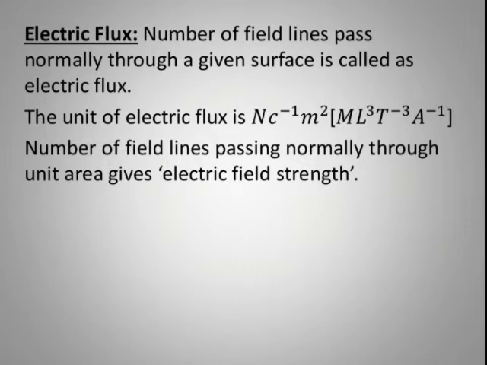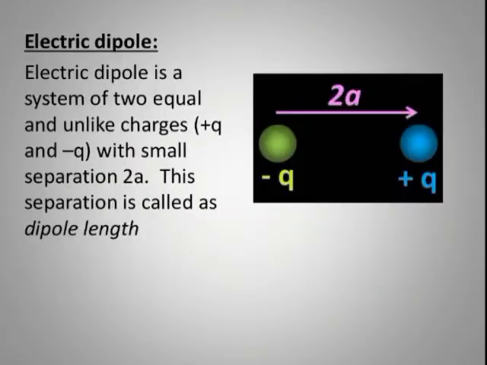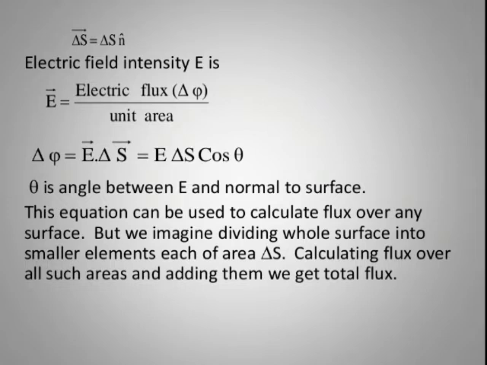Next, going to another concept, this is nothing but the electric flux itself, but in case 1 and case 2. And why do I take it as case 1 and case 2? It is because I have one trigonometric function, cos theta. And why only cos theta we are going to use, this is the proof we learned in the last class. So next, this is how we give a formula for the electric flux, that is phi equals E into delta S cos theta.